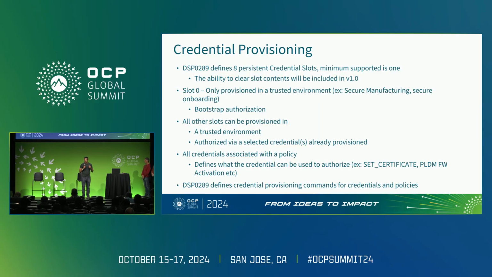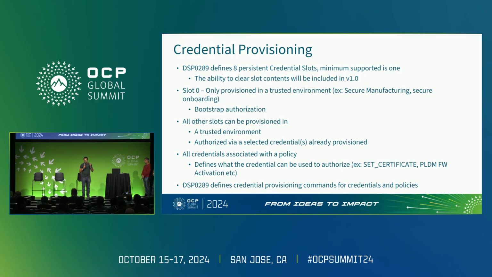The one that needs to be used is slot 0, which effectively bootstraps authorization. You can't authorize provisioning of that, because you have no credential in there, so you need to provision that in something like a secure manufacturing environment or secure onboarding. That effectively bootstraps authorization, in that once you have a key, you can give it privileges to do any other privileged operation, such as provisioning other slots if you so choose.